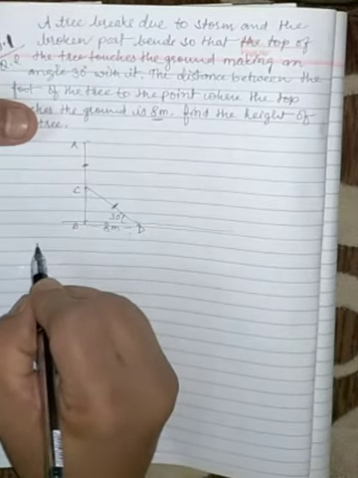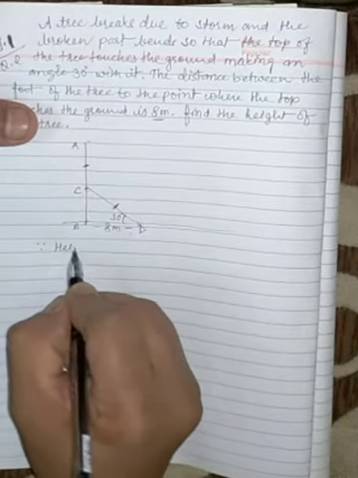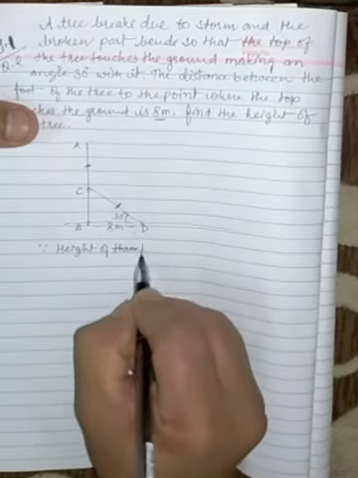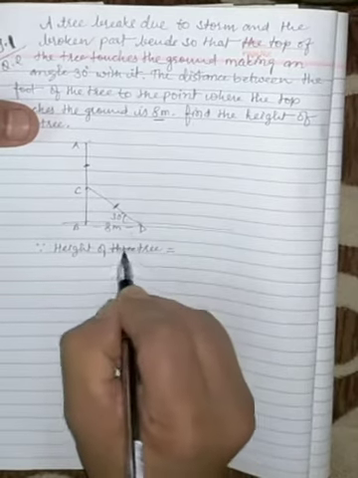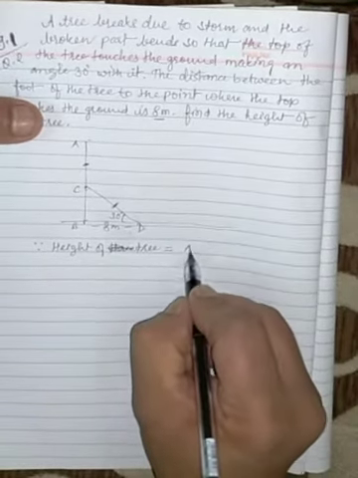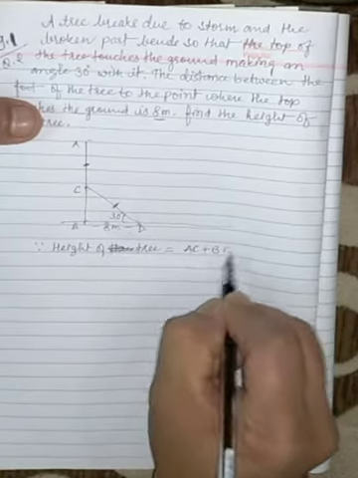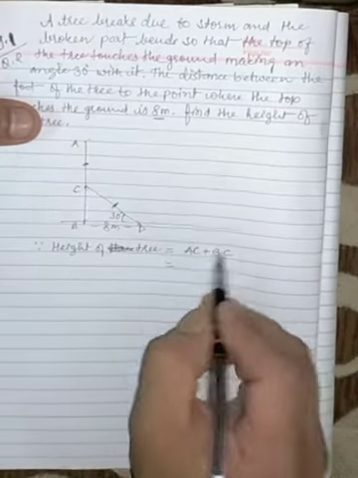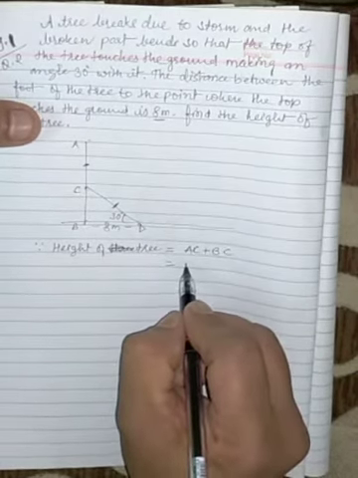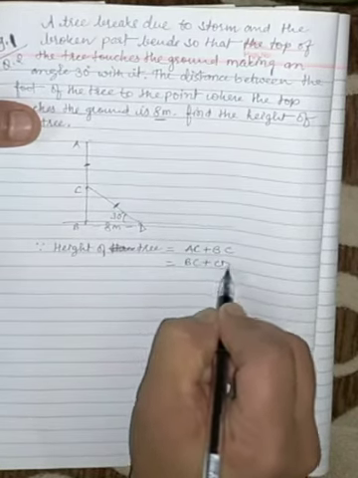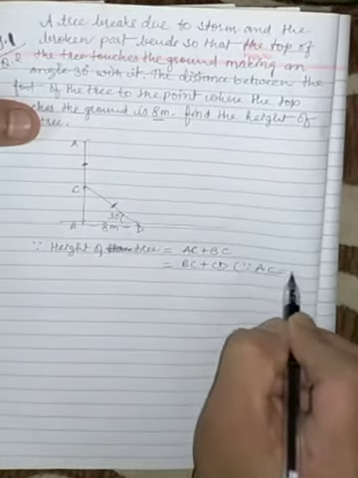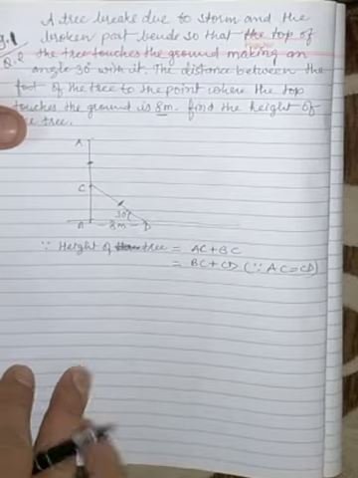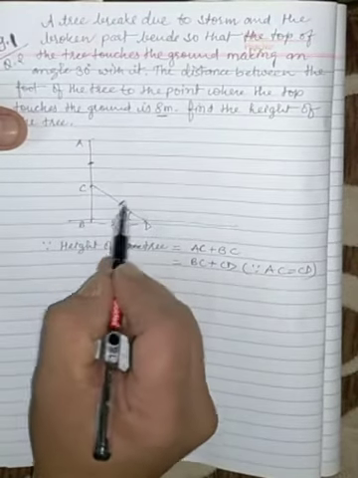So height of the tree is equal to AC plus BC, and since AC is equal to CD, height of the tree will be equal to BC plus CD. Now we will find out these two parts one by one.